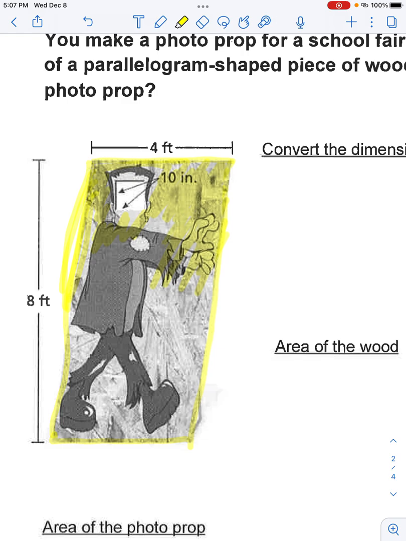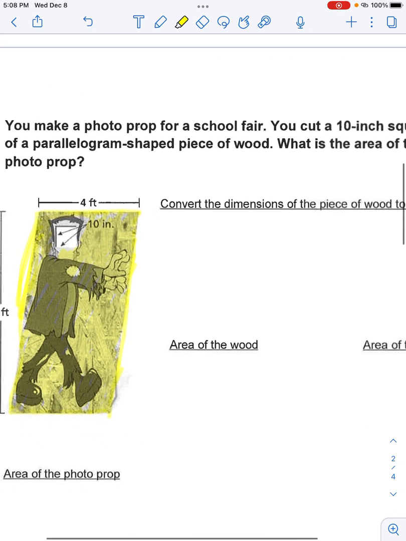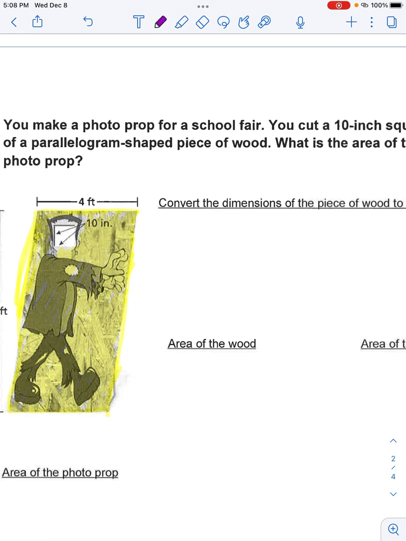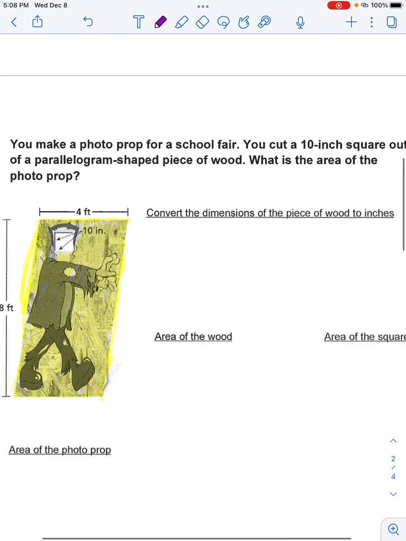So that is a square that we're going to have to subtract out from the total area. So we're going to have the area of the parallelogram, the whole area, and then we're going to take out the area of that face, that square. Okay, so here we go.